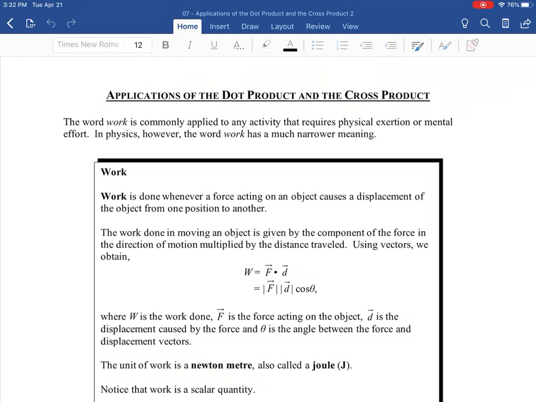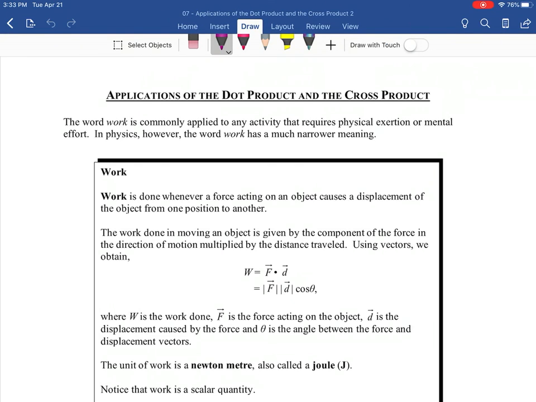If you push a box across the floor and you push it twice as far, that should be twice as much work. So the distance is part of work. Also, if you have to push something that's twice as much mass, which means it has twice as much force that you have to use, that should be twice as much work. So both force and displacement are involved here, and we actually multiply those two things together to figure out how much work is being done.